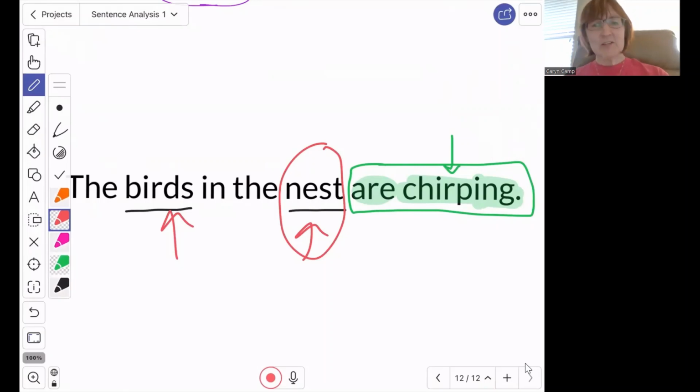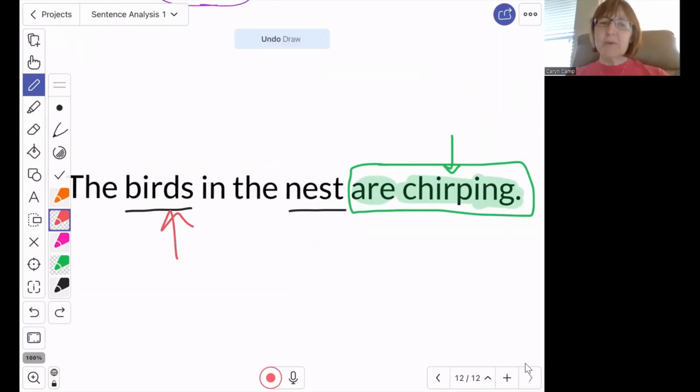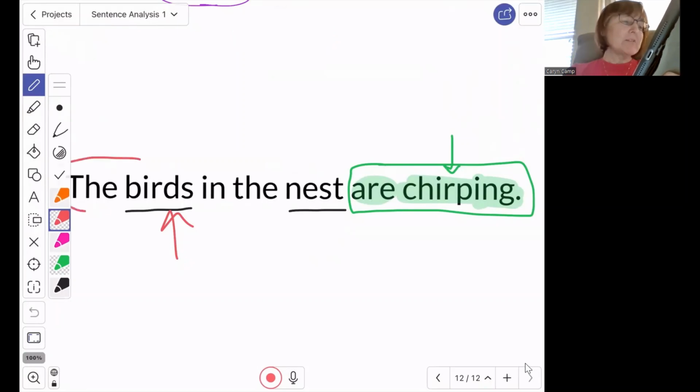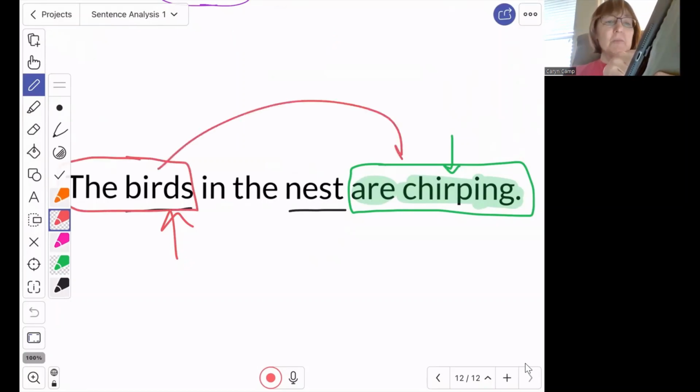Is the nest doing the chirping? A nest is made of twigs and sticks and straw. It's not living. It actually can't sing or make noise or really do anything. It's not alive. So the nest is not going to be chirping. So that doesn't make sense. So who is doing the chirping? It's the birds. Okay, the birds are the ones doing the chirping.